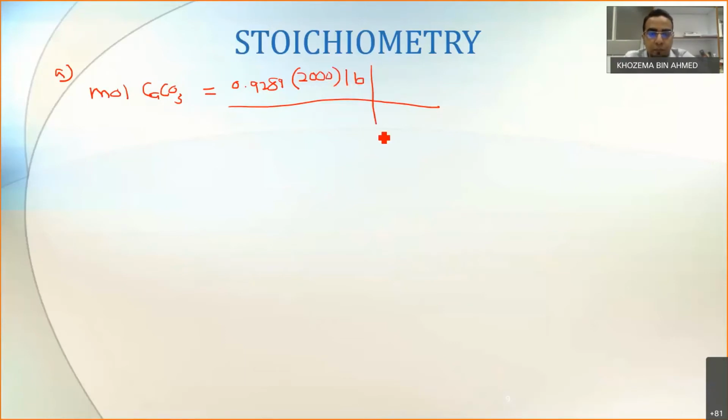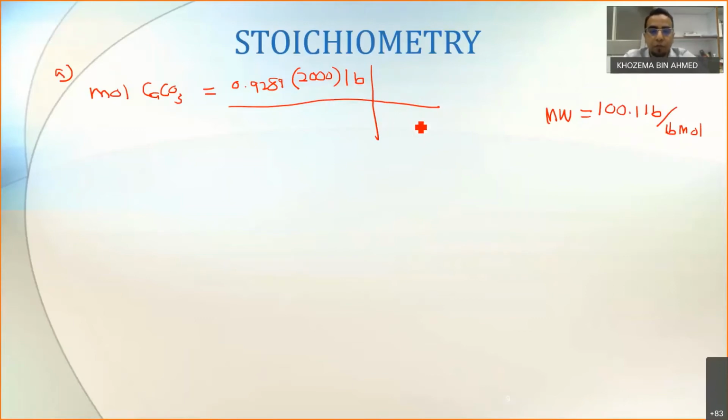And then we need to know the molecular weight for calcium carbonate, which is 100.1 pound per pound mole. Here, I'm using the unit pound per pound mole, because I know that all my calculation is going to be in pounds, so I'm not using the unit of gram per gram mole.